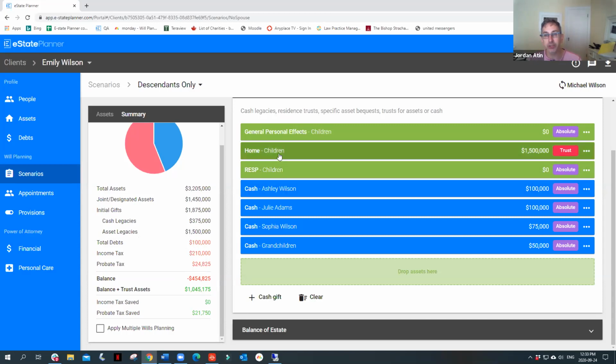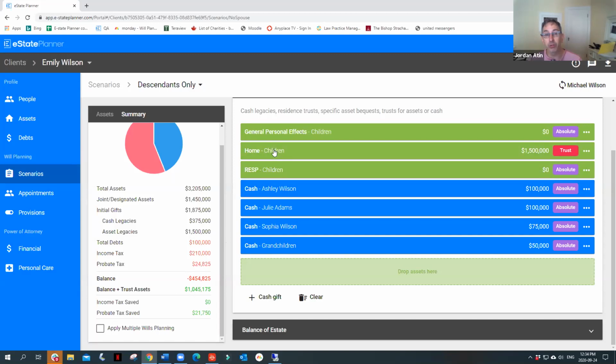Here we have a trust for the home to allow the kids to live in it for a period of time. So if we take that out of the calculation, we don't include the value of that home, you'll see that the residue of the estate is actually negative. So we don't have enough money to satisfy all of the legacies for as long as that trust is running for the home.